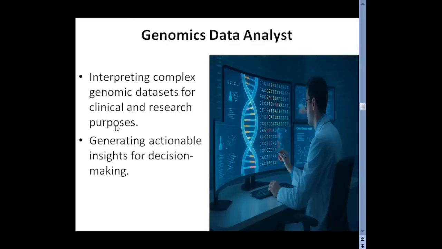Then apart from that, you should be able to generate actionable insights that can be used for decision making. There are so many decisions in health, in industries, in so many facets of life, where policy makers are just making policy, and that policy is not actually working.